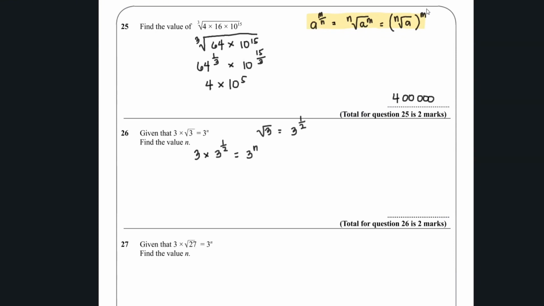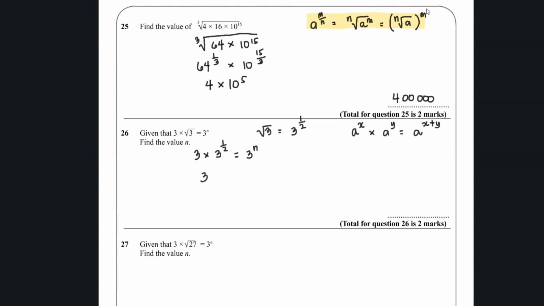Now, applying the rule that if we have a to the power of x and you multiply it by a to the power of y, this only applies when you have the same base. This is equal to a to the power of the sum of the indices x and y.